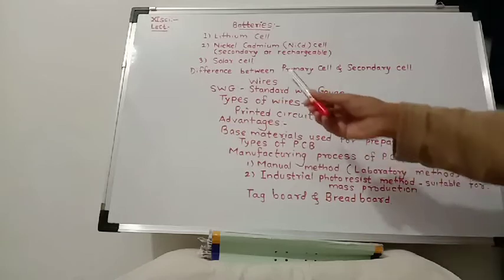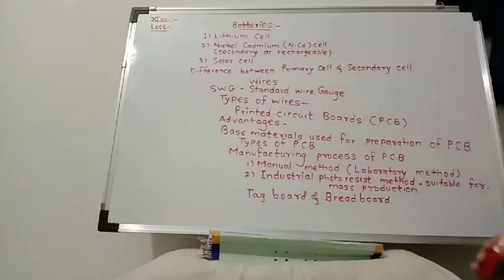So we will study the difference between primary cell and secondary cell. So first difference is that the cell which can only transform the chemical energy into electrical energy is called a primary cell.